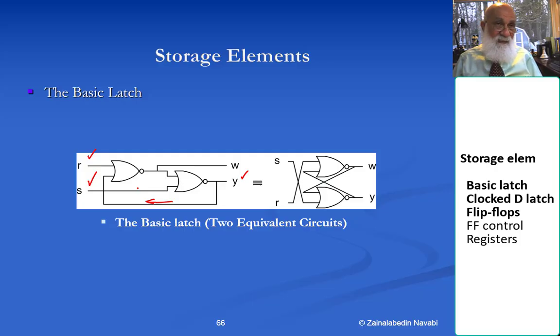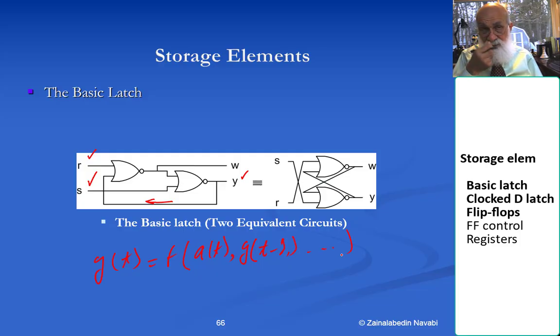And therefore what we say is that the output of a sequential circuit at time t is a function of the input at time t, as well as the output at time t minus 1, t minus 2, and so on.